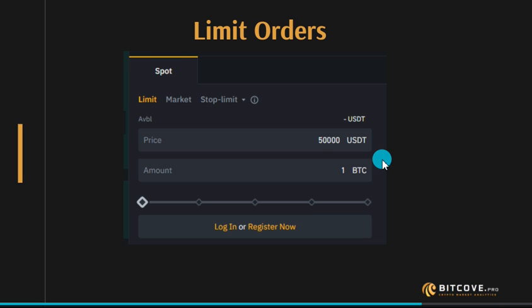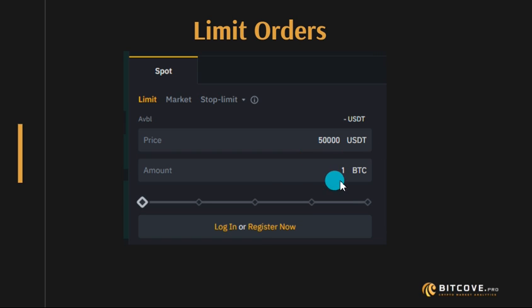So in our chart, the support level was from 41 to 43 thousand dollars. So right here we put the price that we want to buy the Bitcoin with, which was $42,000, and here we put the amount that we want to buy.